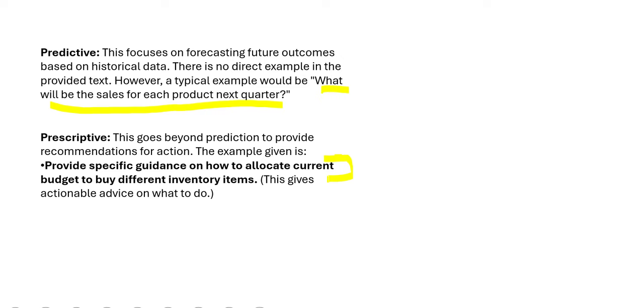So it is going beyond prediction. It is about recommendations. It's like a doctor saying that, hey, we did the tests, we took the x-rays, and we did the diagnostics, and we are predicting that if you don't take the medications now, it might be really bad in the next 3 months.